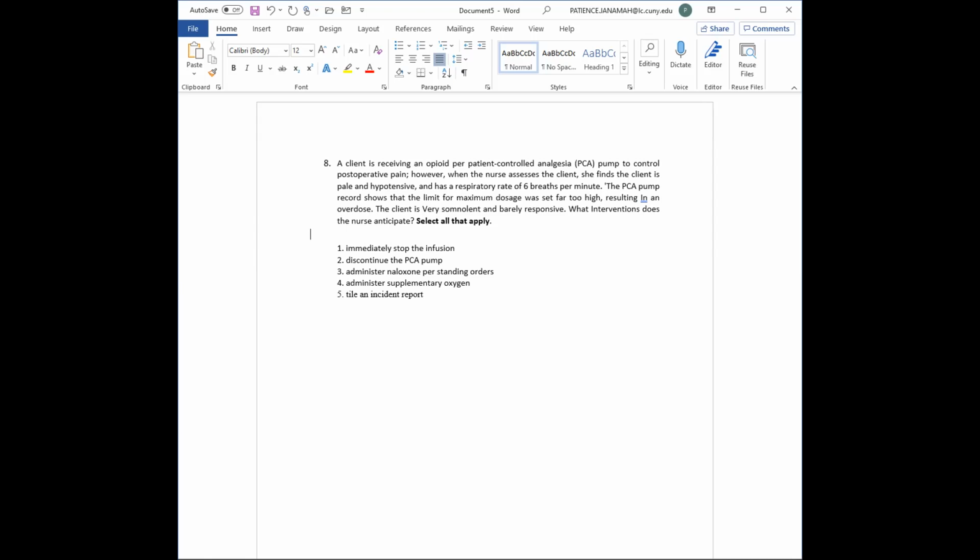Then you want to assess the patient's analgesia control pump. I told you not to read meanings into the question. So you check the pump record, because you know that's what the patient gets for pain, and you see that the dosage the pump was set at was too high.